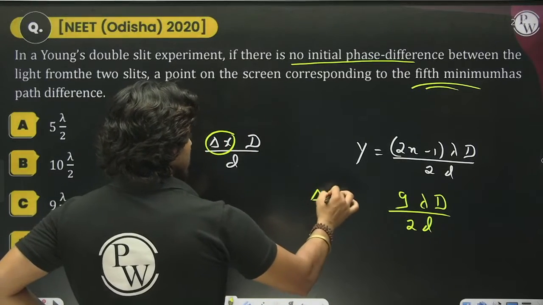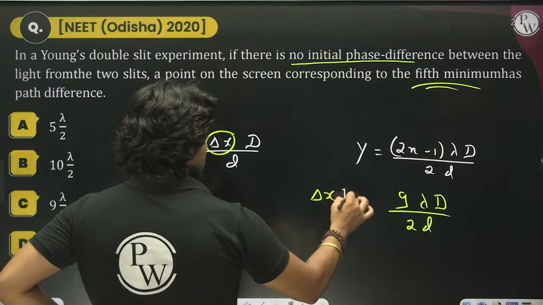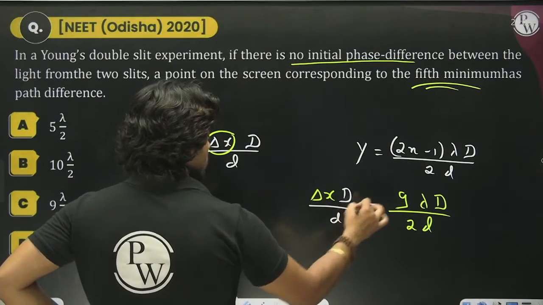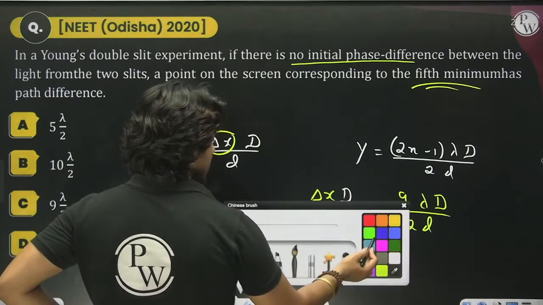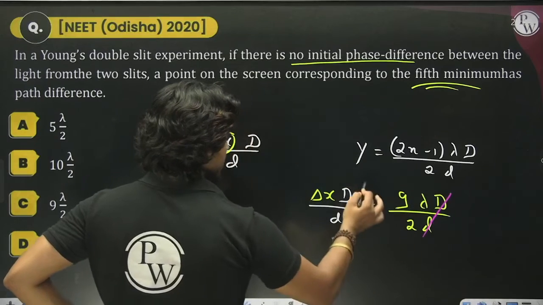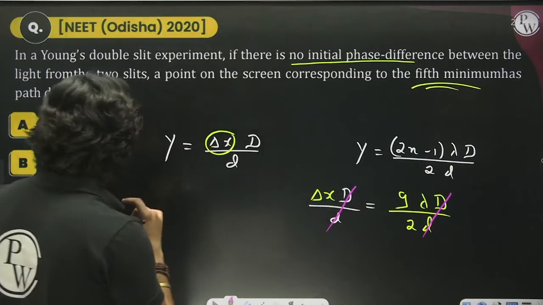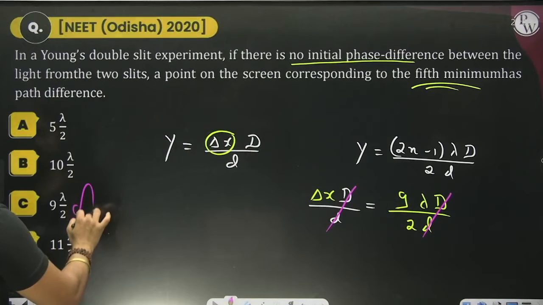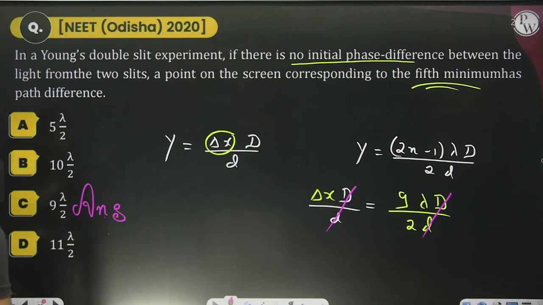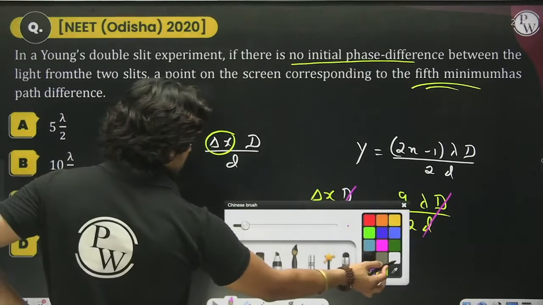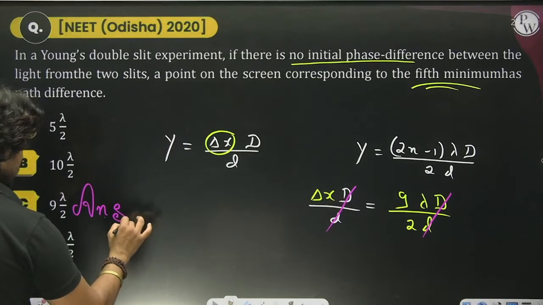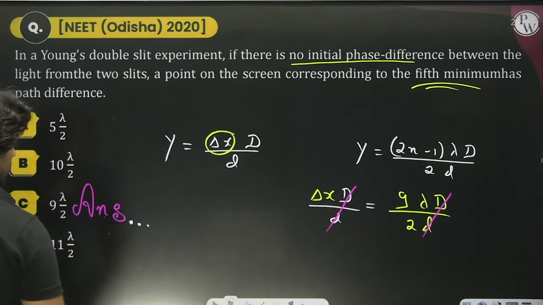Equate it with delta x D by d. So what are we left with? The D by d gets cancelled out, and we are left with 9 lambda by 2. This is the answer.